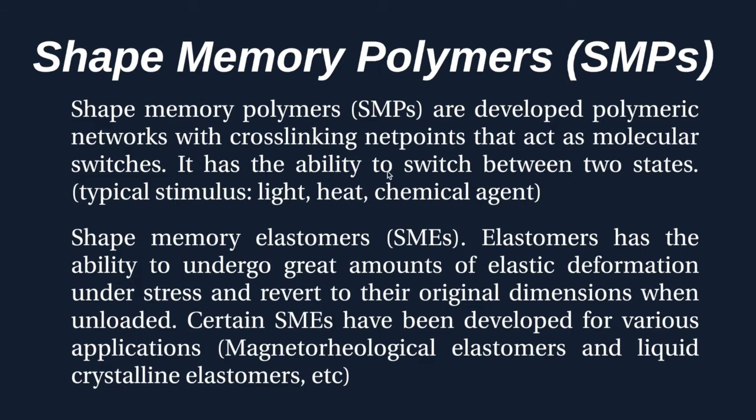So in shape memory polymers, we are focusing on the cross-linking net points, because they are the molecular switches. Imagine you can switch off and switch on, between two states.